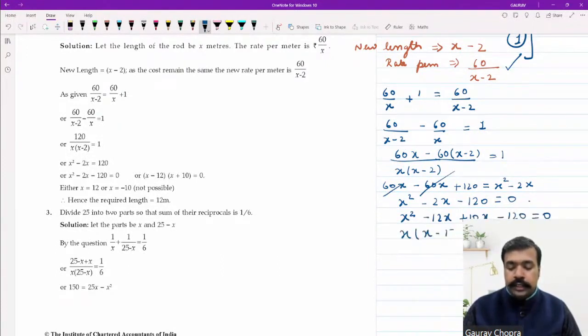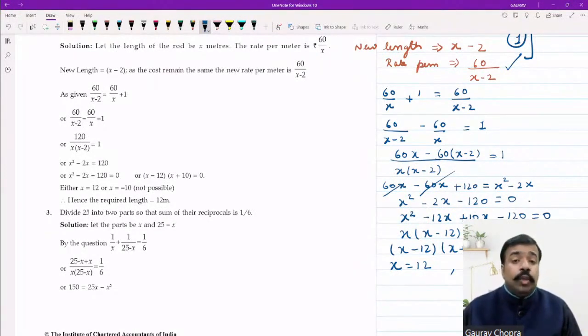So let's take x as common and then 10 as common. So x minus 12 and x plus 10 is equal to 0. So by comparing, we get that x will be equal to 12 or x will be equal to minus 10.